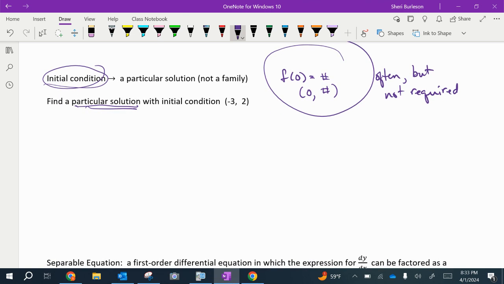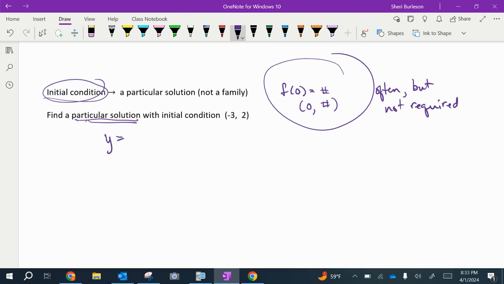So if I take my family and plug in the initial condition that I know, that means y is 2, c times x is -3 cubed. I can solve for the c. So this gets me 2 equals -27 times c, which means that c is, divide both sides by -27, 2 over -27.